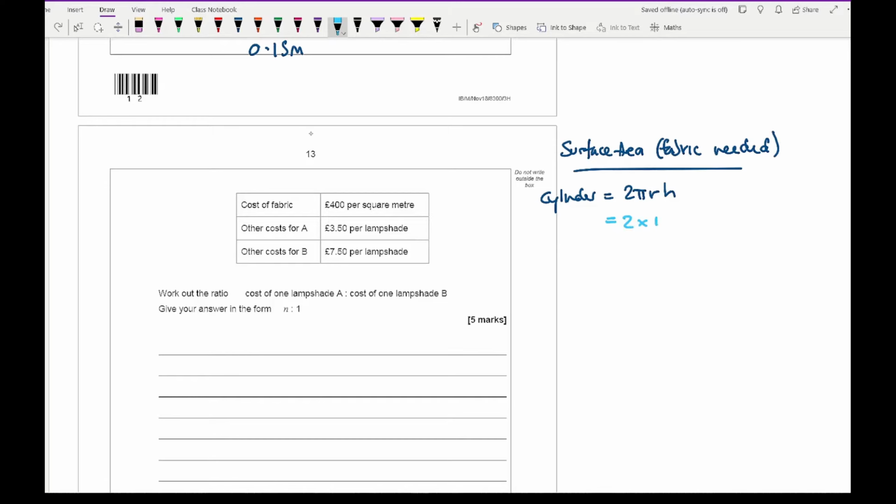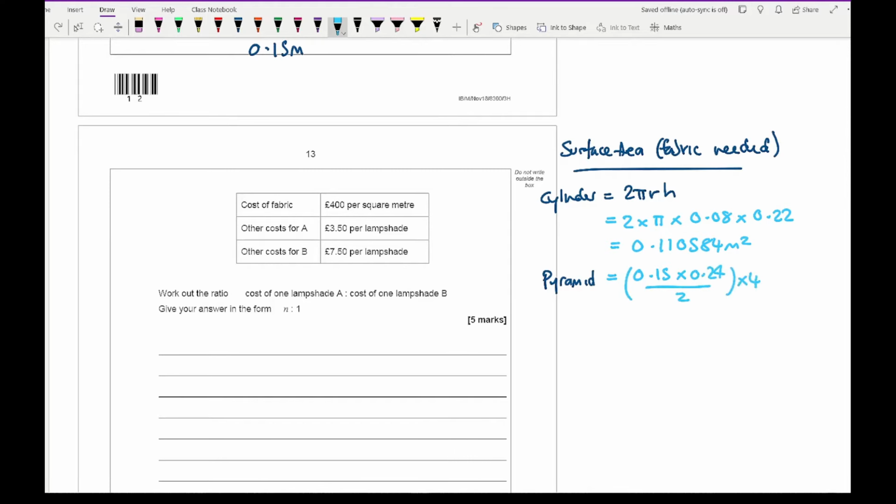2 times pi times 0.08 times 0.22, and if I work that out, I get 0.110584 meters squared. Then if I work out what the pyramid is going to be, which is just 4 triangles, that's going to be 0.15 times 0.24 divided by 2.